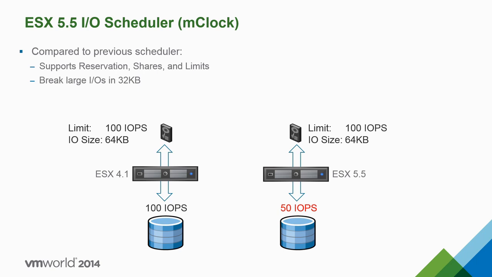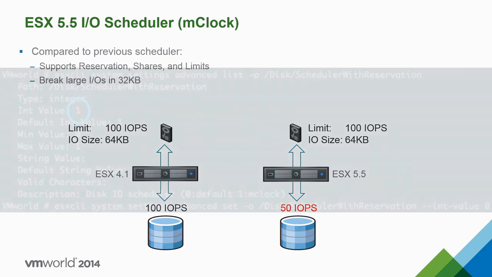If you were to upgrade to ESX 5.5, you'll see that the limit on that VM is still the same, the IO pattern is still the same, but it can only get 50 IOPS because the new scheduler breaks the IOs in terms of accounting purposes in blocks of 32 kilobytes. So each 64 kilobyte IO will count as two IOs in the new scheduler. This is something you should be aware of. And if you are setting limits and reservations, these controls will always be quantized in that block size.